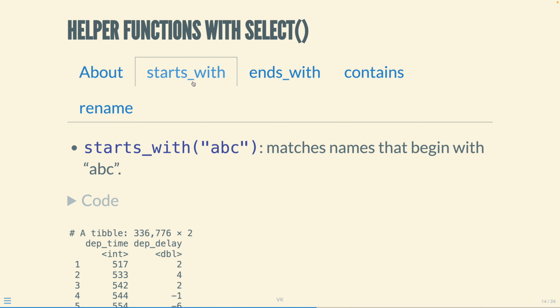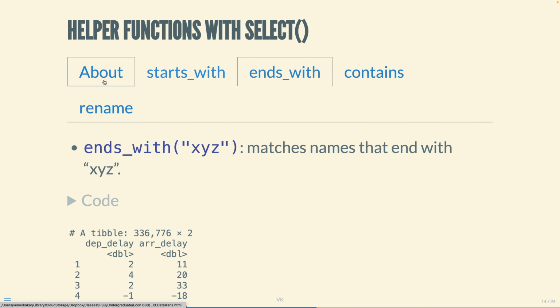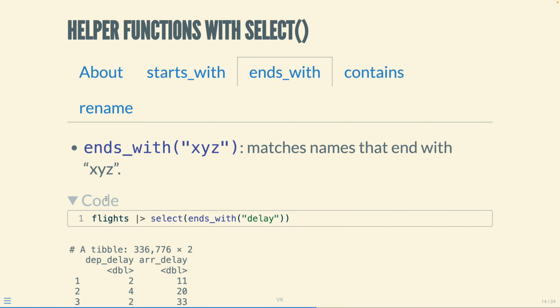Now, just like you're using starts_with, you can also use ends_with. It is just going to match the names that end with that string that you specify. So let's say I was interested in looking at everything that relates to delay.